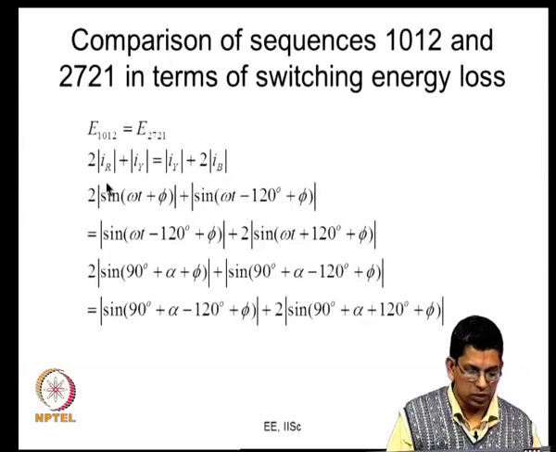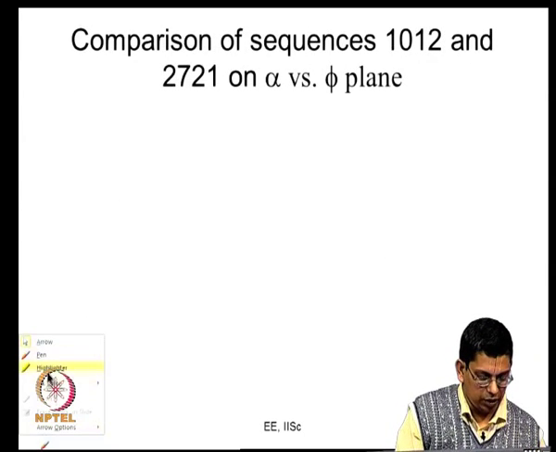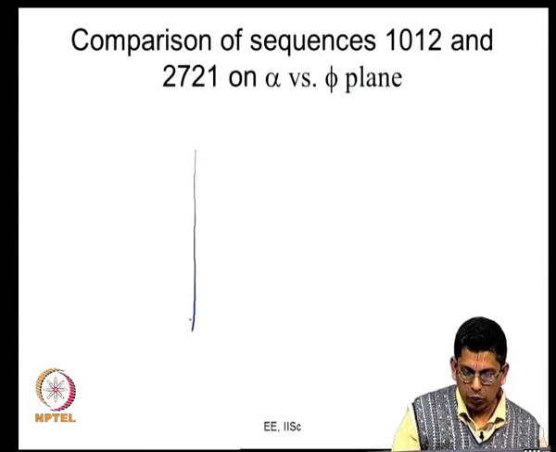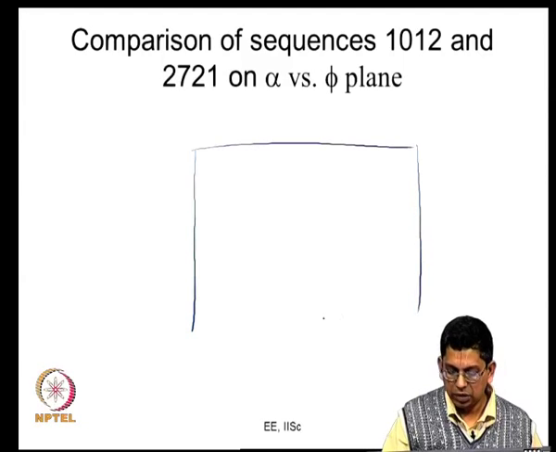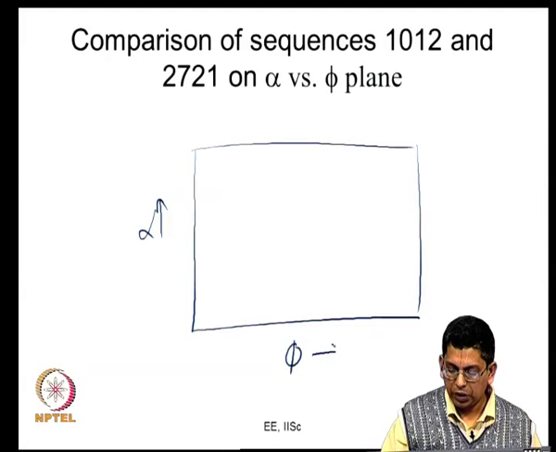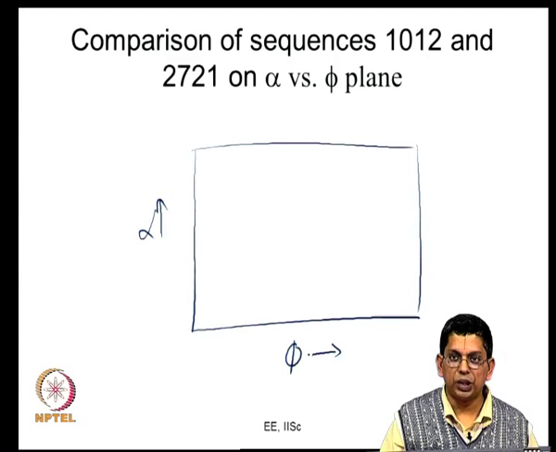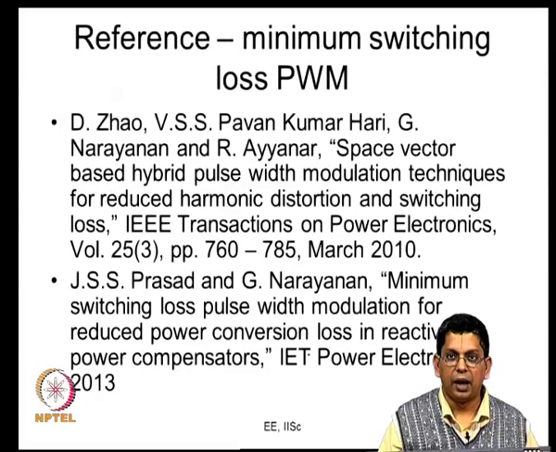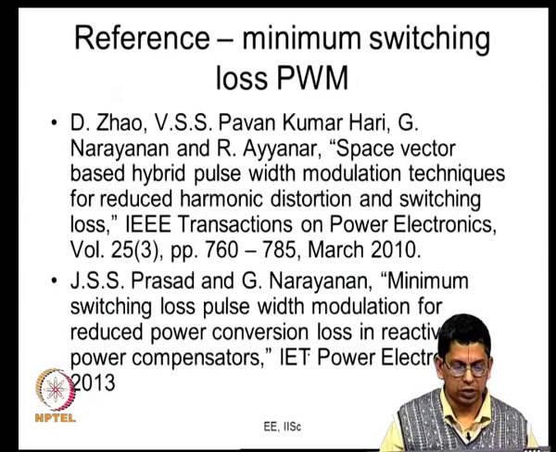The same way, this exercise can actually be summarized similarly on the alpha 1 versus alpha 2 plane. You can once again summarize it on the alpha versus phi plane as we have done before. So, it is not necessary that you have to compare only two sequences with two of them, you can compare all the sequences with each other, and that is what will give you something called minimum switching loss PWM.